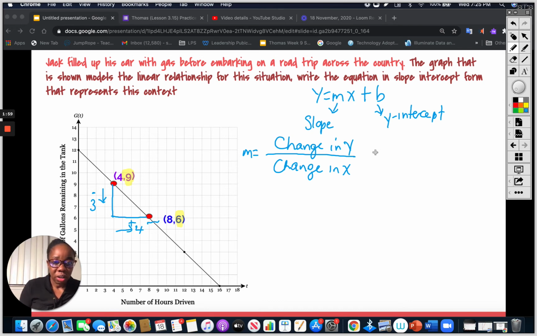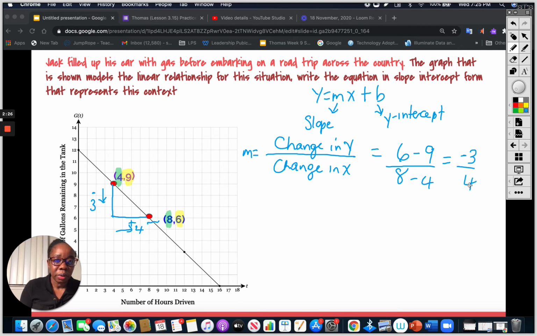So I'm going to start with my 6, and I'm subtracting 9. And then color coding my x coordinates, that's 8 and 4. So starting with the second point, that's 8 minus 4. We simplify that to get 6 minus 9, that's a negative 3.